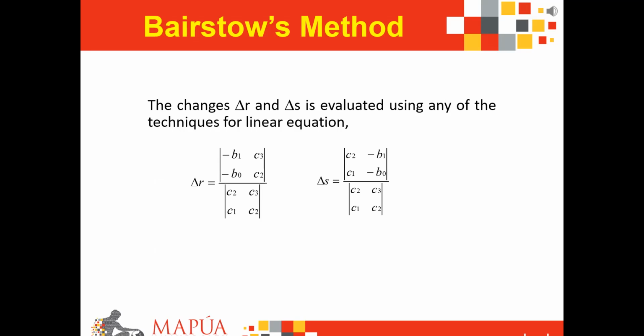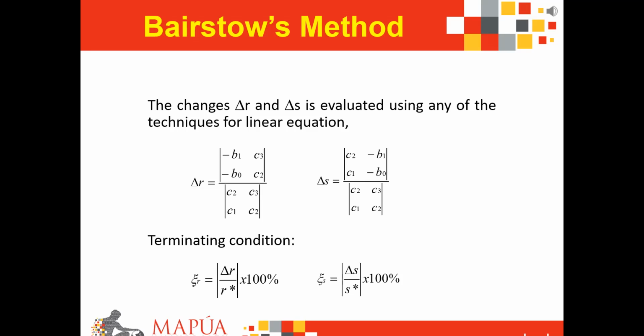We then check whether we ended up with the correct values of r and s needed for our quadratic equation. Therefore, we check whether these values satisfy our terminating condition, which is delta r over new value of r times 100%, and for your s, delta s over new value of s times 100%.